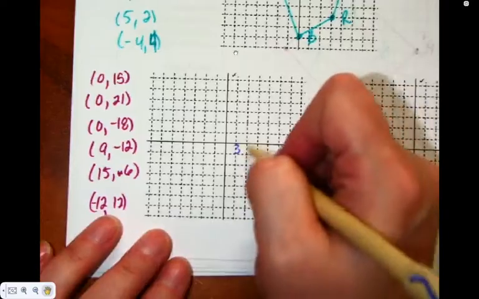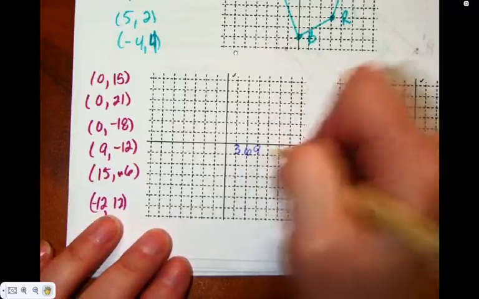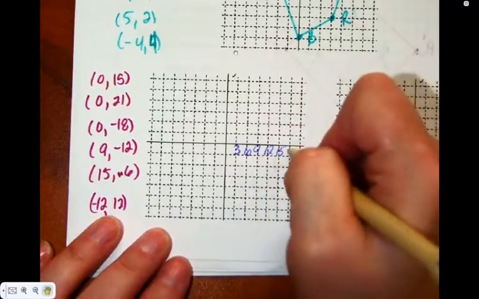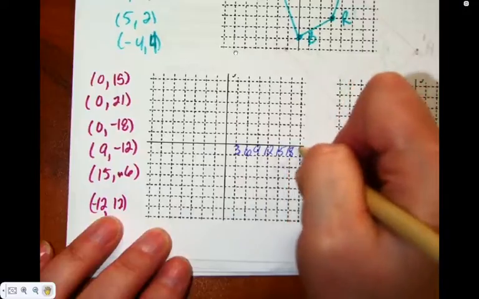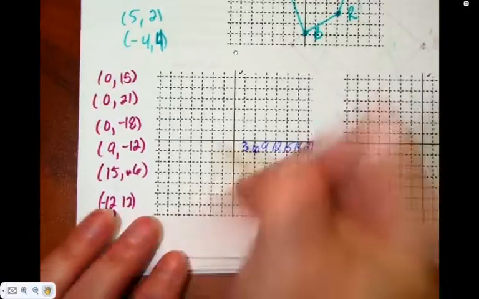Wow. 3 and then 6, 9, 12, 15, 18, 21. What about the other side? Same thing, just negative.